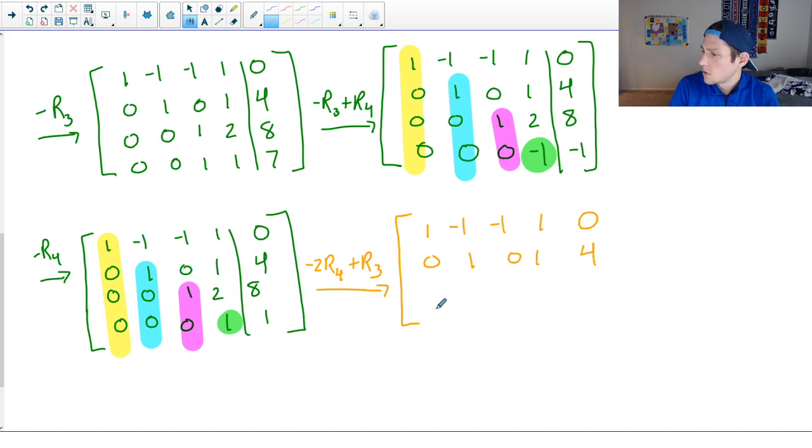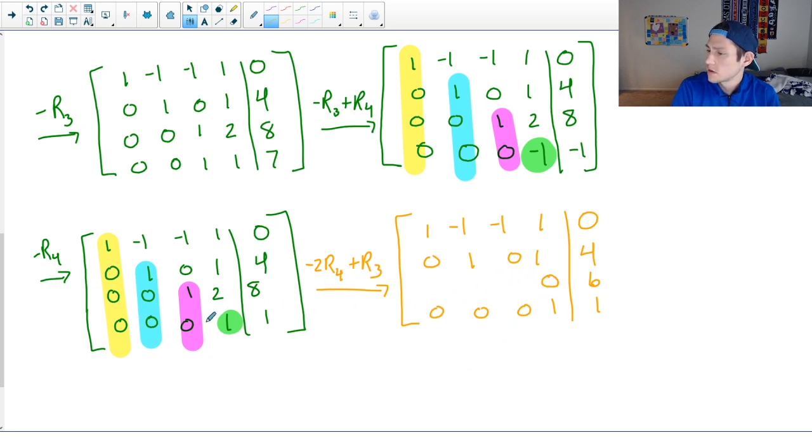Okay, row 4 will stay the same, so I'll go ahead and write that one. But row 3 will change. So 1 times negative 2 is negative 2, and negative 2 plus 8 is 6. 1 times negative 2 is negative 2. Negative 2 plus 2 is 0.